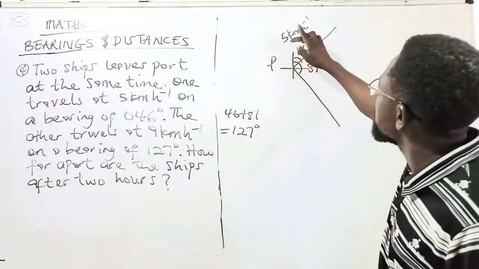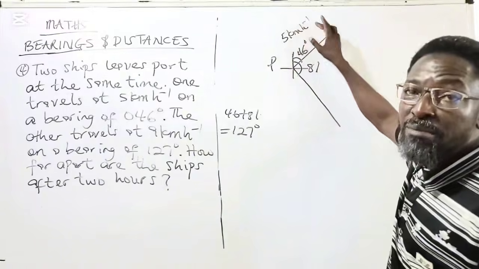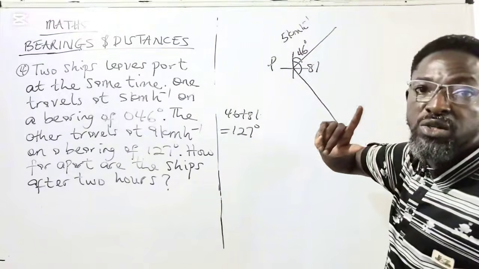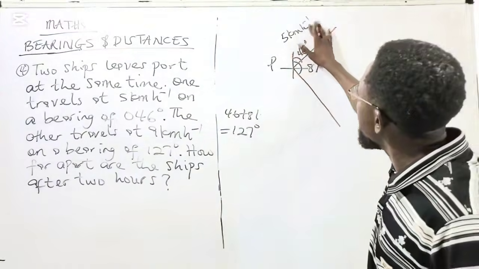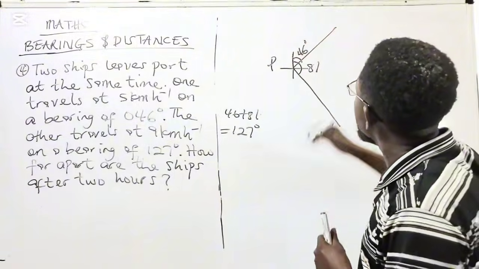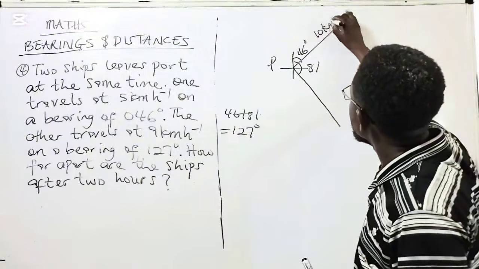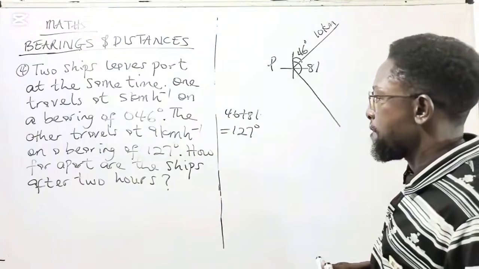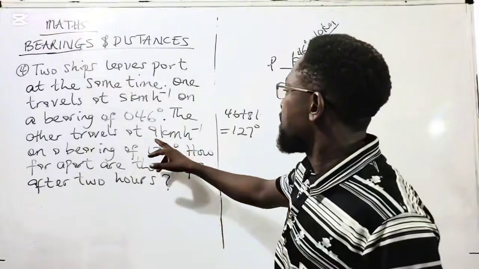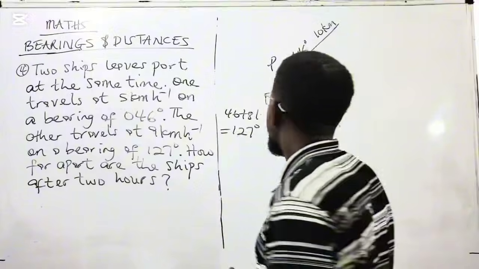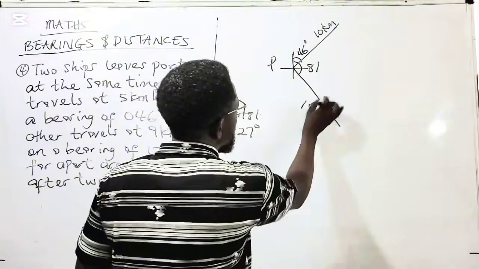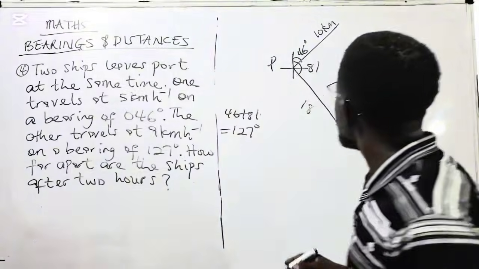After 2 hours, this one is traveling at 5 kilometers per hour. That means in 1 hour, it travels 5 kilometers, so in 2 hours, that will be 10 kilometers. That's why I said just hold on. Then the other one was traveling at 9 kilometers per hour, so in 2 hours, that will be 18.